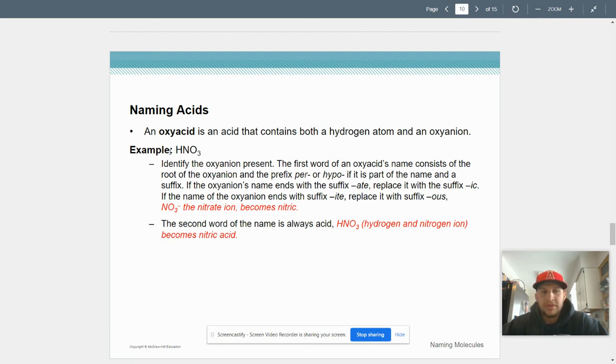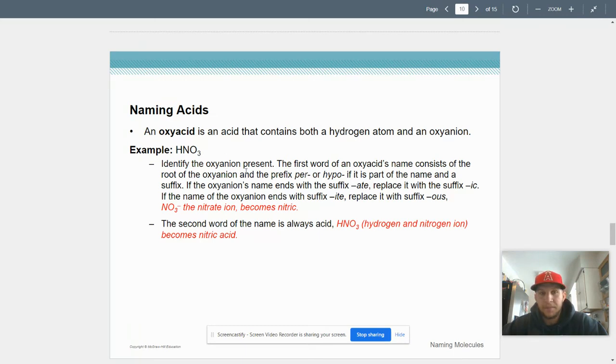So for naming oxyacids, first we have to identify what oxyanion we're dealing with. This is where the ion chart that I've given you will be very useful, because you can see right away that we have nitrate, NO3 minus. Our first word of the oxyacid's name is going to be our root, so in this case, nitrate.